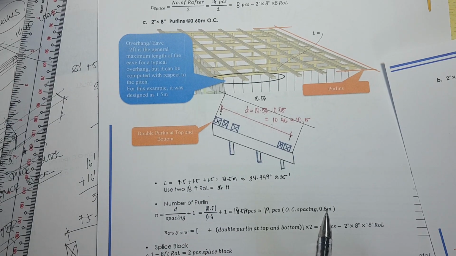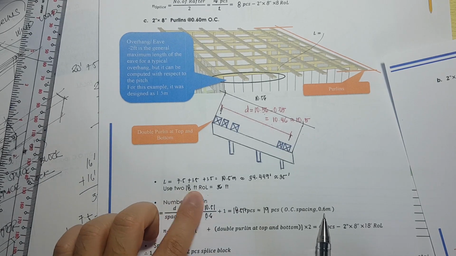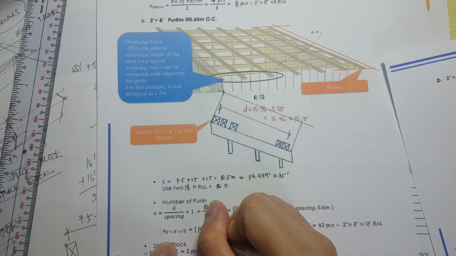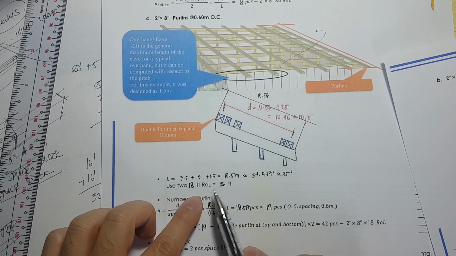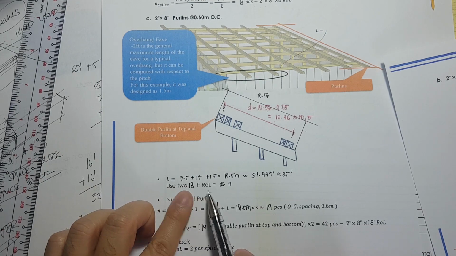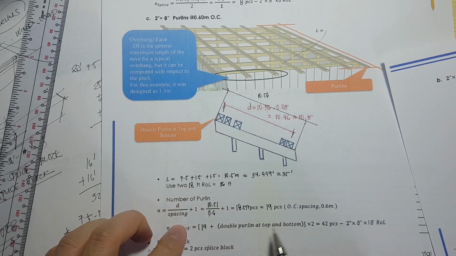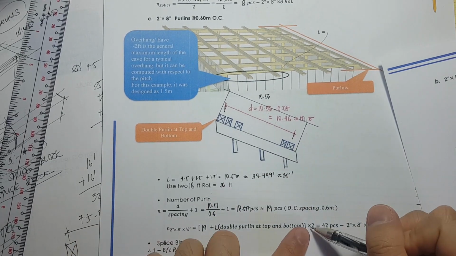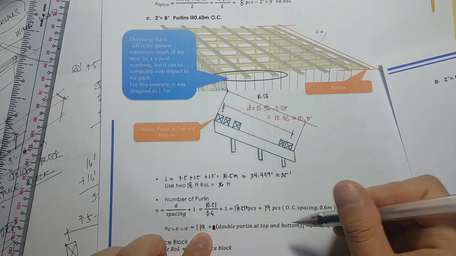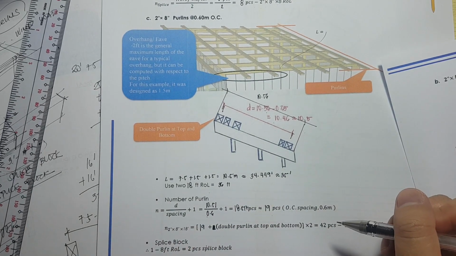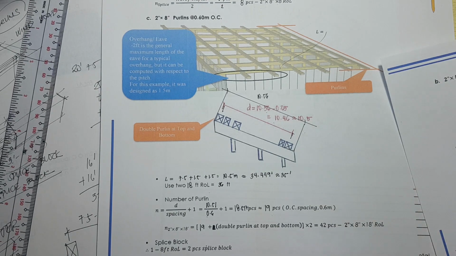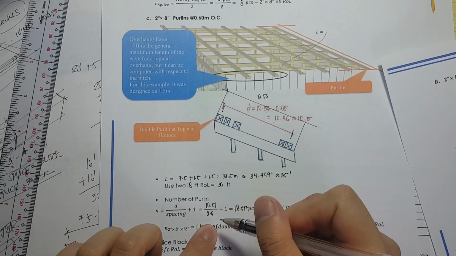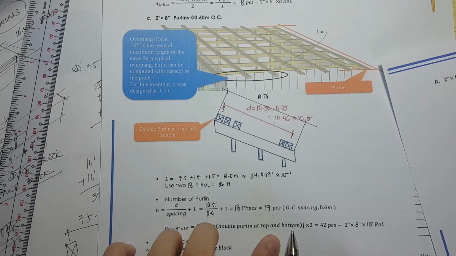So how many 18 feet are we going to buy? We have here 19 pieces, but per piece we're going to buy 2. We have here a double purlin at the top and the bottom.